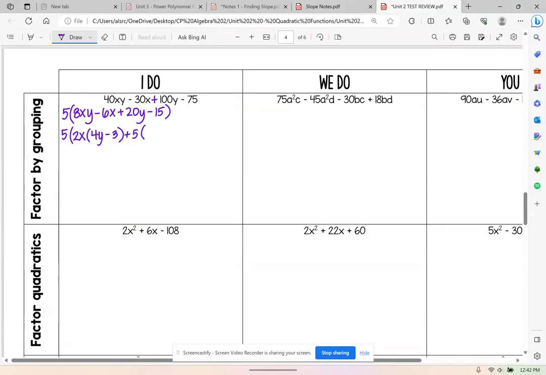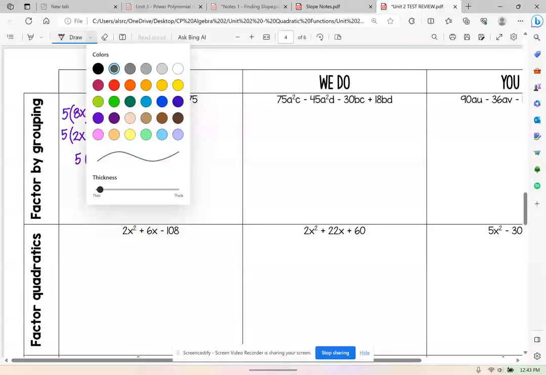And then you have 4y minus 3. Should those things in parentheses be the same? Do they have to be the same? Yes. So your final answer is going to be your GCF on the outside with your other 2 factors. Yes? What goes in my first parenthesis? 2x plus 5. And what goes in your second? 4y minus 3. Okay? All right.